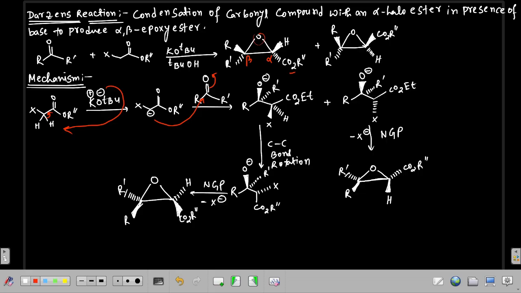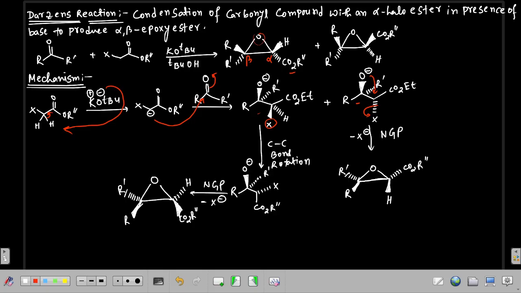In this case, both halide and alkoxide ion are on the opposite face, so it will undergo SN2, that is NGP type of reaction, and it will form this epoxide. And in the case where both this alkoxide and this halide are in the same plane, we need to do CC bond rotation.